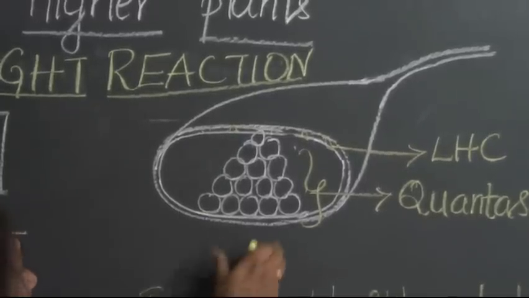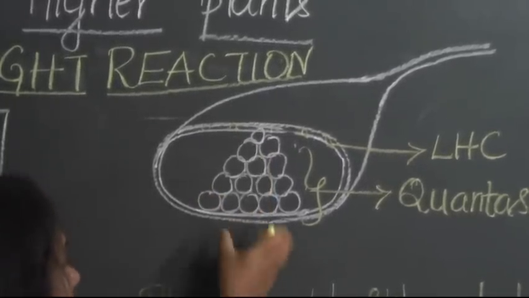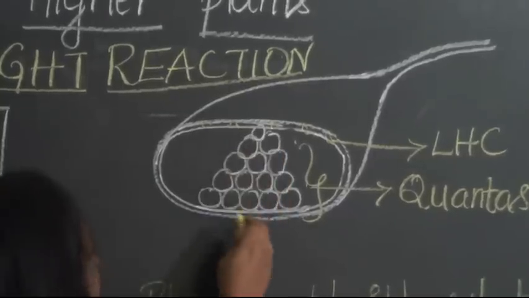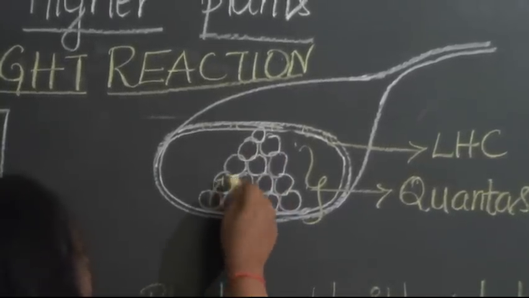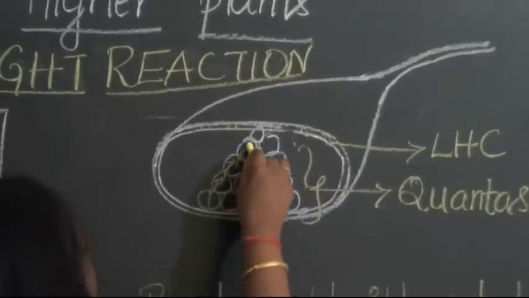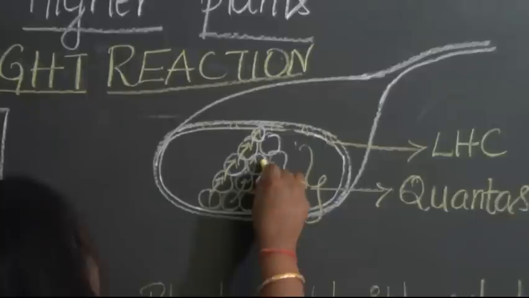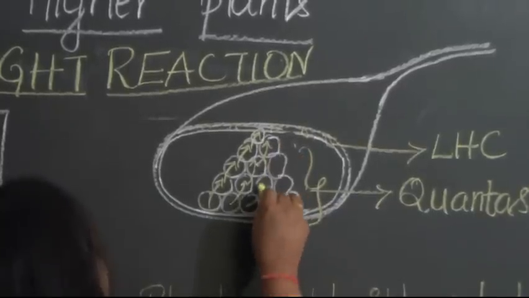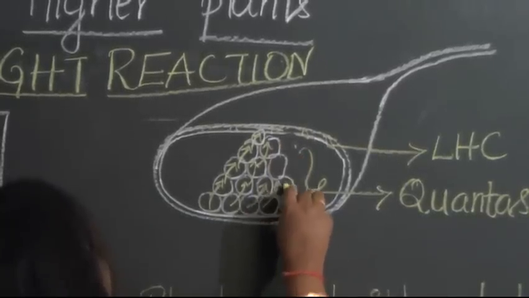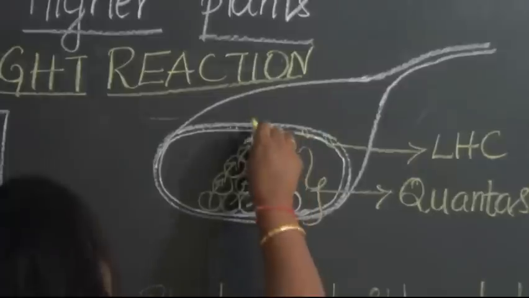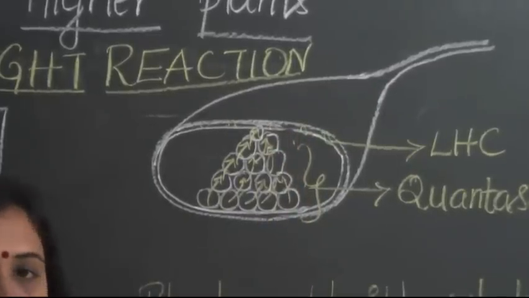Now these are the accessory pigments. They are arranged always like this. Now they trap the sunlight, and how will they be transmitting this energy, whatever they have trapped from the sunlight, they will be transported like this, and this energy would be transmitted to chlorophyll A.